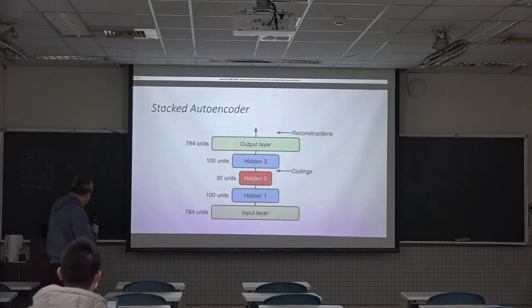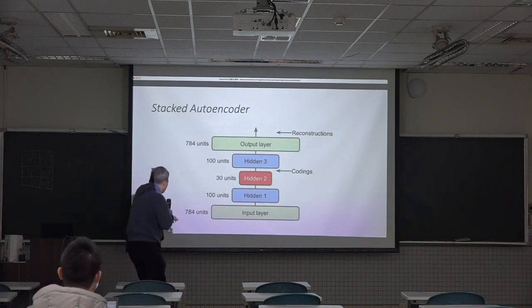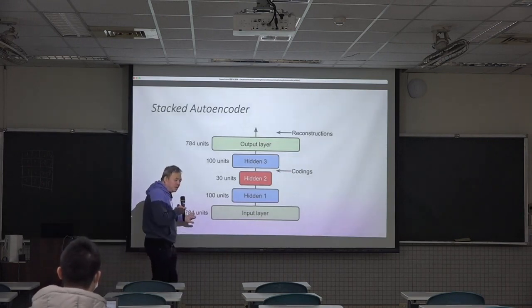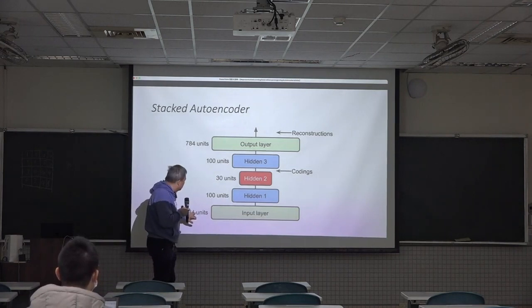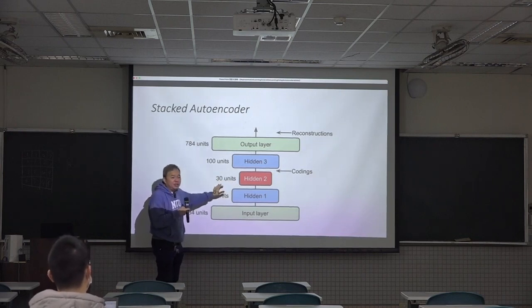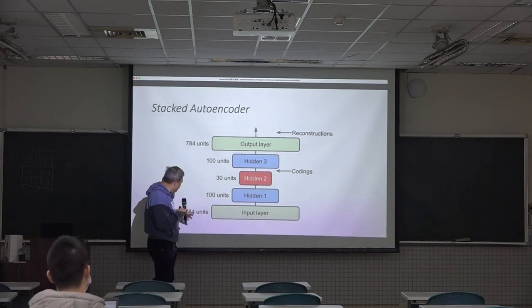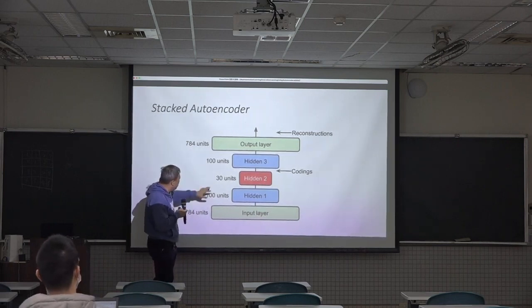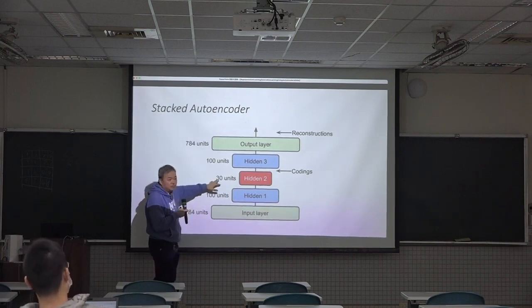The original dimension is 784, so that's a lot of dimensions. When it goes down to the coding, it's 30 dimensions. Compared with the input, it really reduced the dimension by a lot, more than 20 times.